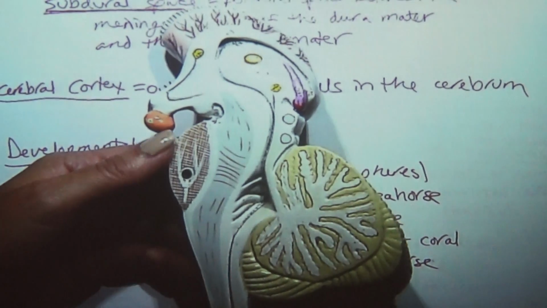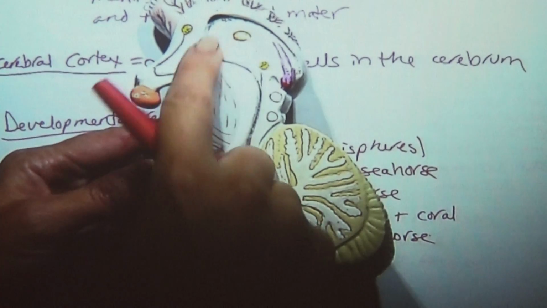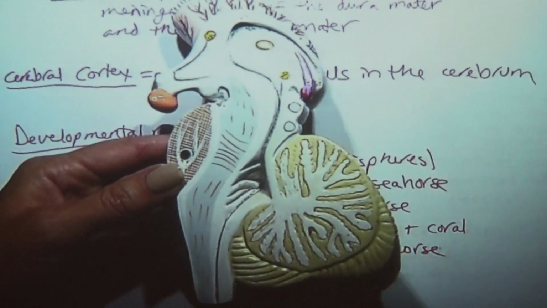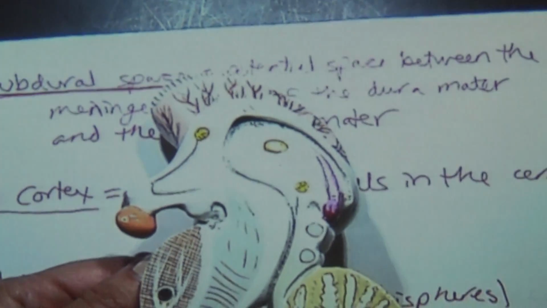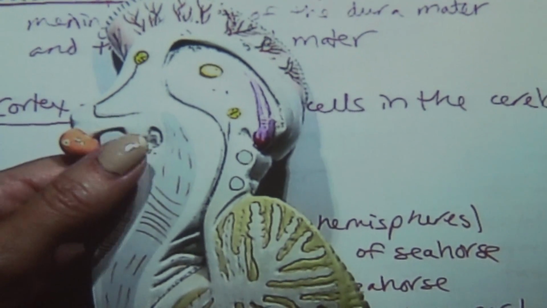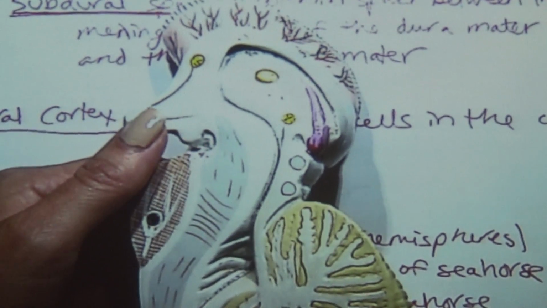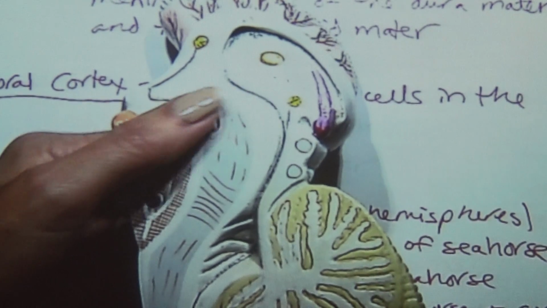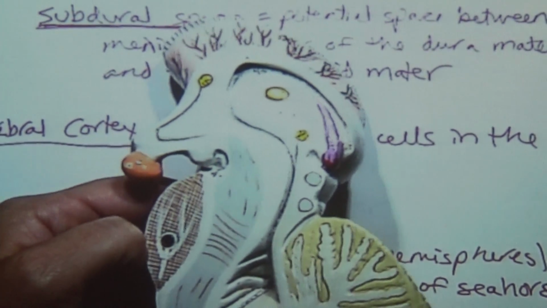So let's say I point at this whole thing. So the head of the seahorse, which is the thalamus. If I point there, if that's all I do, you just tell me thalamus. You don't have to say the thalamus of the diencephalon or anything like that. But I will ask some questions to get the words diencephalon or mesencephalon or whichever one of those five. So I might have a question that says, what developmental region is the thalamus in?